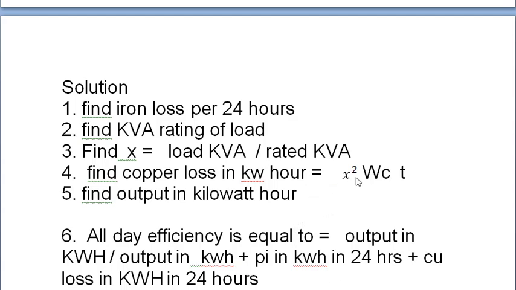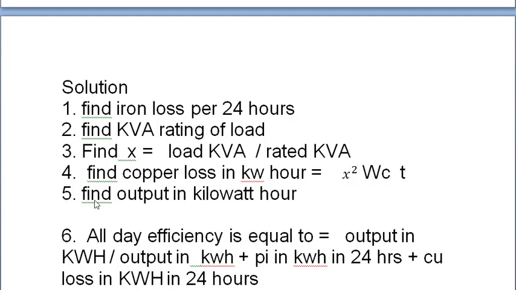So that can be calculated as X square WC into T, where WC is the copper loss given per hour. So that is given in the data itself. And T is in hours, means the number of hours that load connected, and X is the fraction, that is load kVA divided by rated kVA of the transformer.